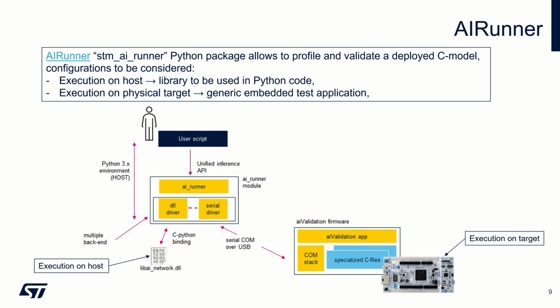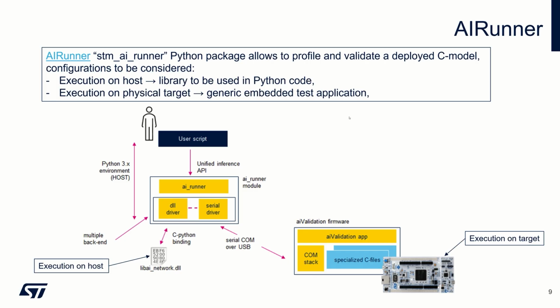So we explained briefly the compilation, the generation step. What about validation of the model? It is possible thanks to the AI Runner Python package. It allows both validation and profiling of the C model deployed on the target hardware.